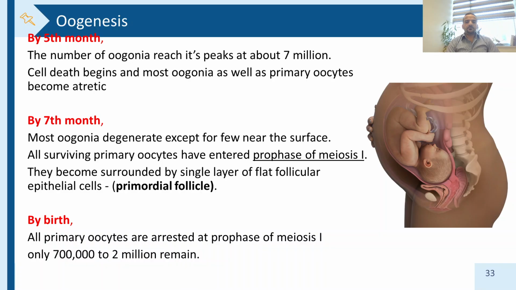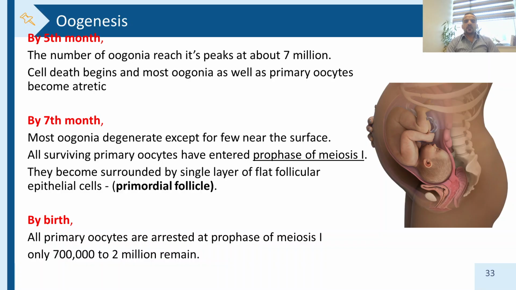Most oogonia will degenerate. The surviving primary oocytes enter the prophase of the first meiotic division. All surviving primary oocytes have already initiated meiosis and are arrested at the prophase of the first meiotic division.